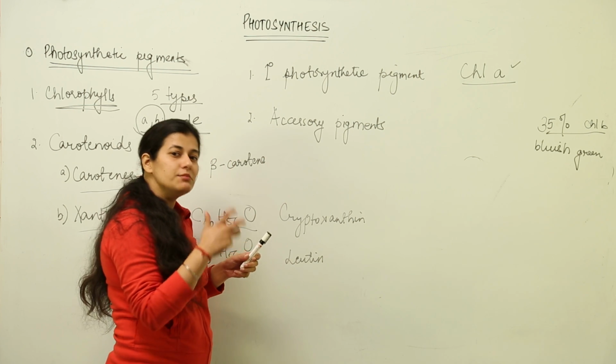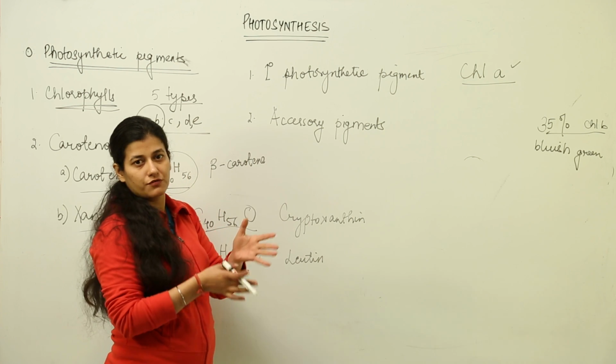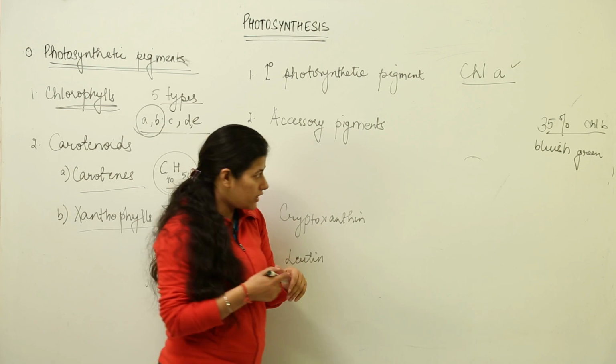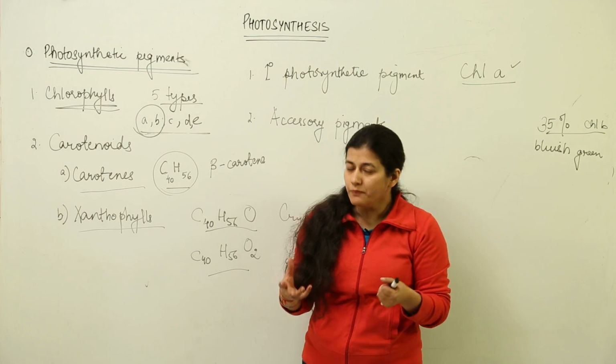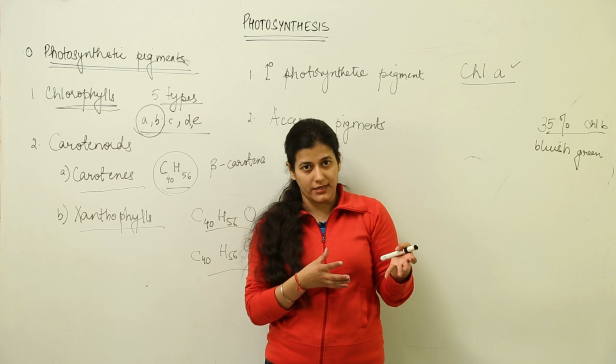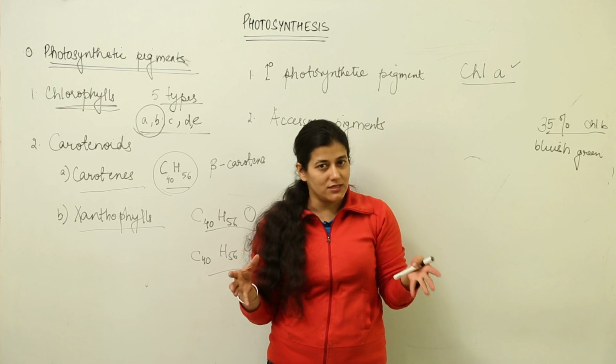So they make maximum use of sunlight, and the accessory pigments are a little bit deviated from the green color. They could be reddish or yellowish in appearance, and their purpose is basically providing the main pigment, chlorophyll A, with the excessive energy.